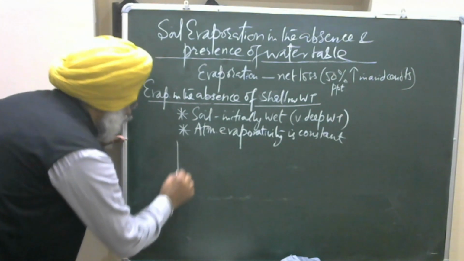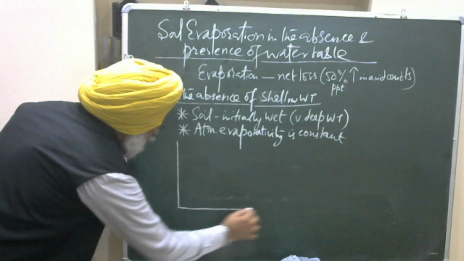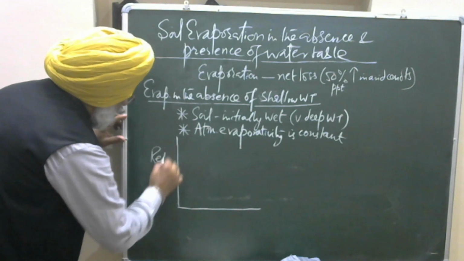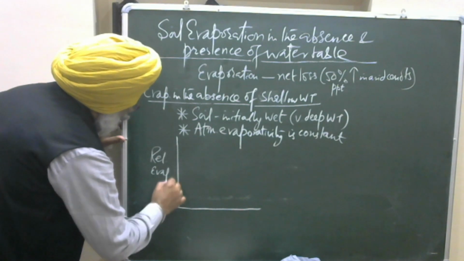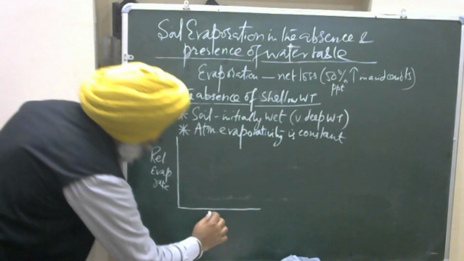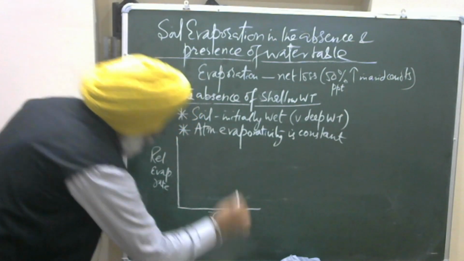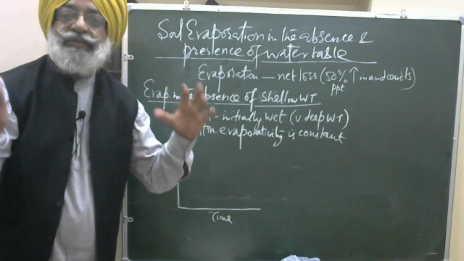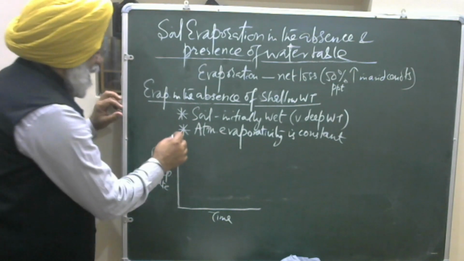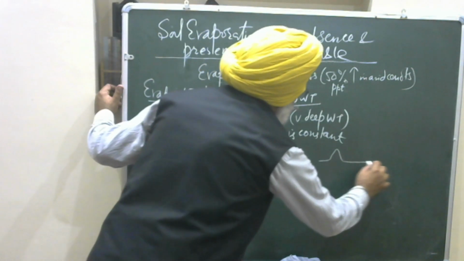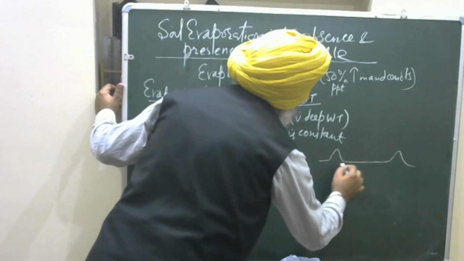Now again, you might be remembering this figure as we discussed last time. This is the relative evaporation rate, and here you have time. Now your soil is initially wet, that means there is sufficient moisture, and let me draw a profile over here.